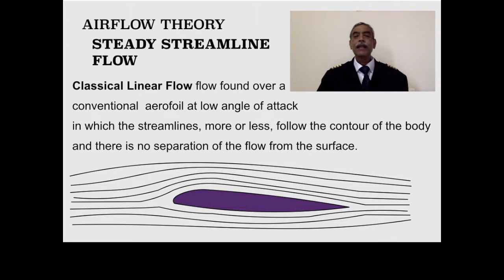And when it comes to an end, it joins back and resumes its normal status. That means at two points, well ahead of the aerofoil and well aft of the aerofoil, there's absolutely no disturbance in the airflow. This is called the steady streamline classic linear flow.